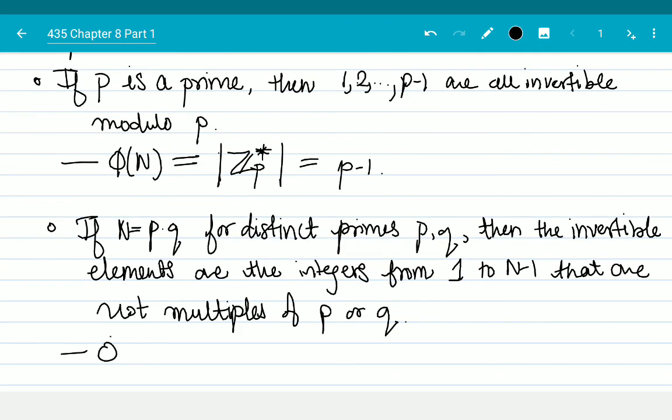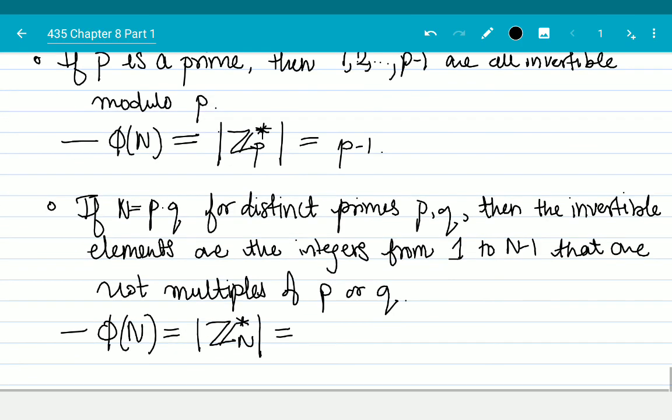So in that case, phi of n, which is equal to the order of Zn star, is equal to, well, let us count the number of elements which are multiples of p and which are multiples of q and subtract them from n.